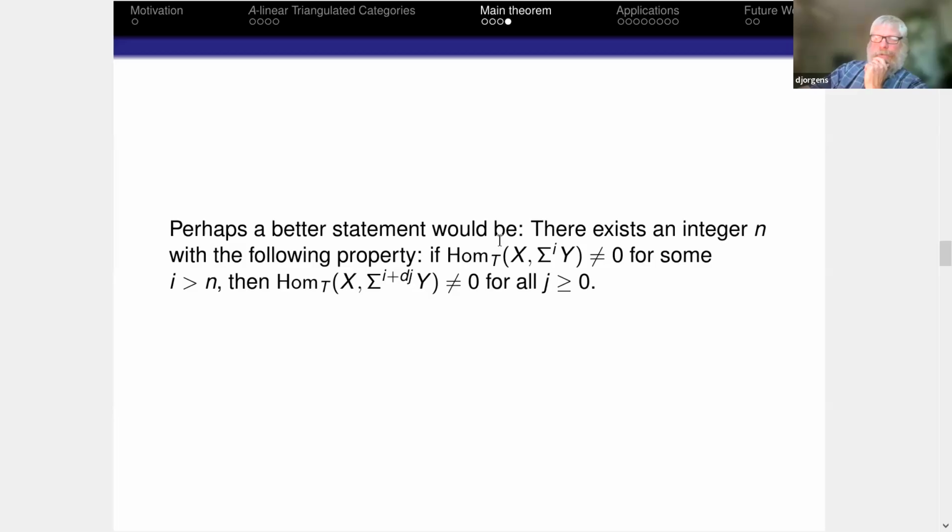So I don't know which statement is better, but anyway. So this is what we mean by asymptotic vanishing. The behavior can't be erratic at infinity of the vanishing of a cohomology.